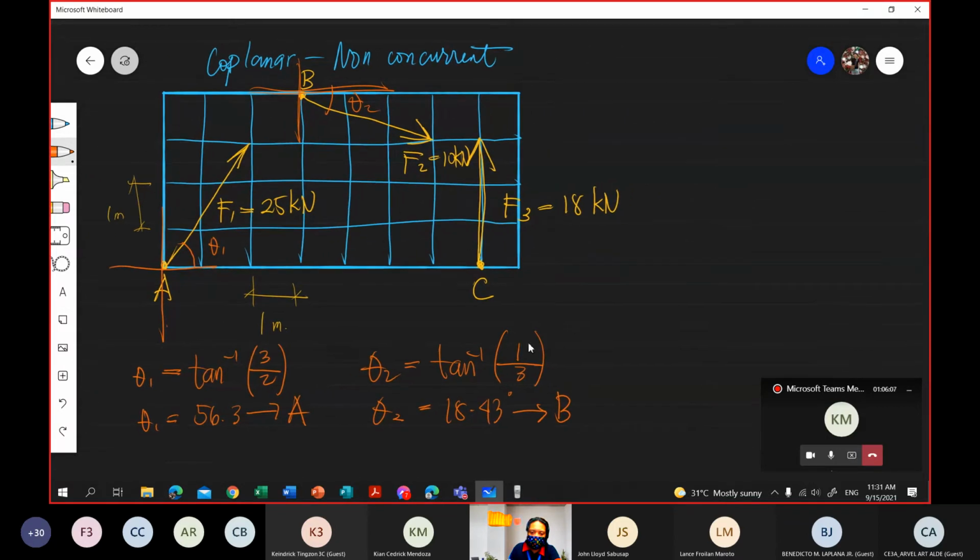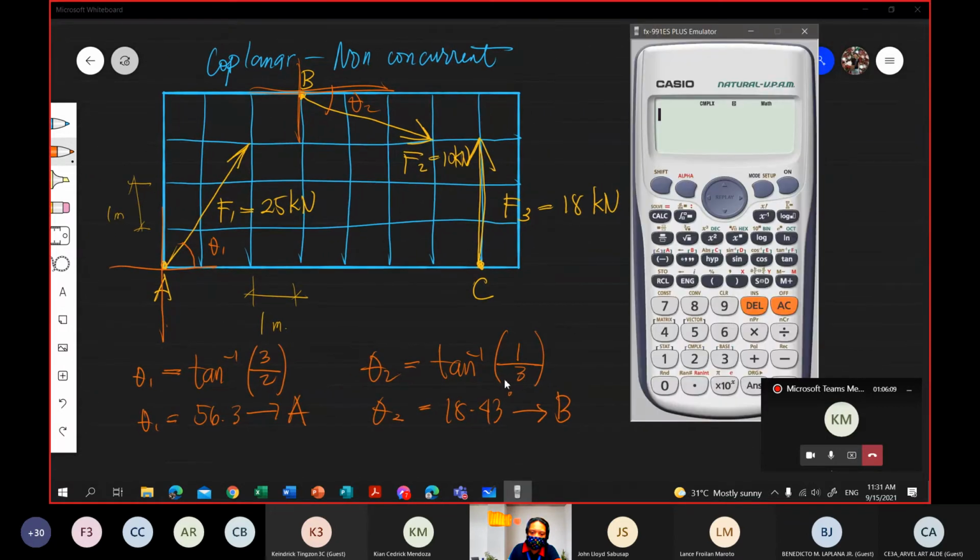Since I already have the angles, first take F1, which is 25, acting at an angle. What angle? 56.3, stored at A, measured from the positive x-axis counterclockwise, so positive.